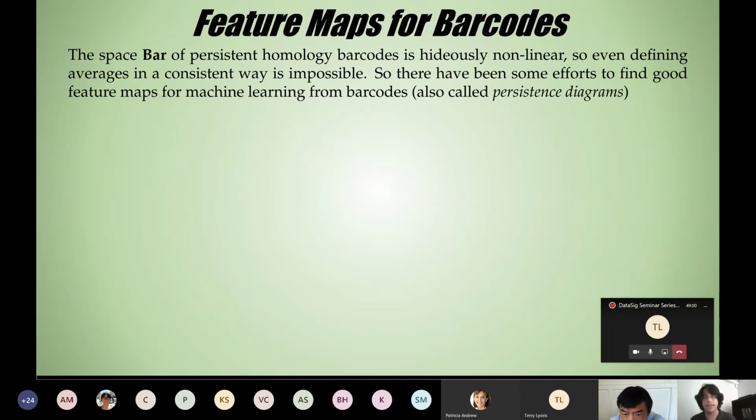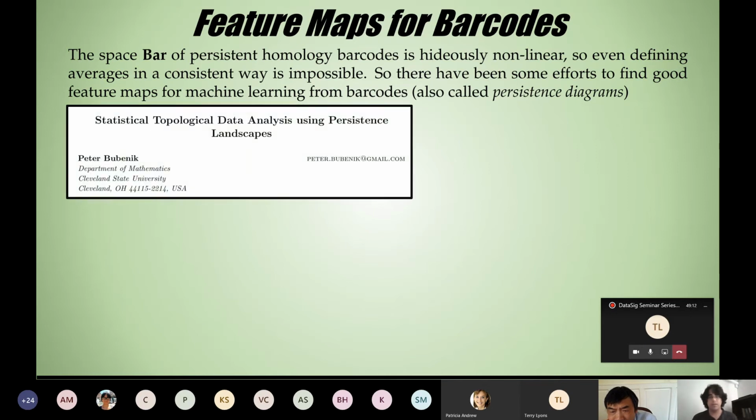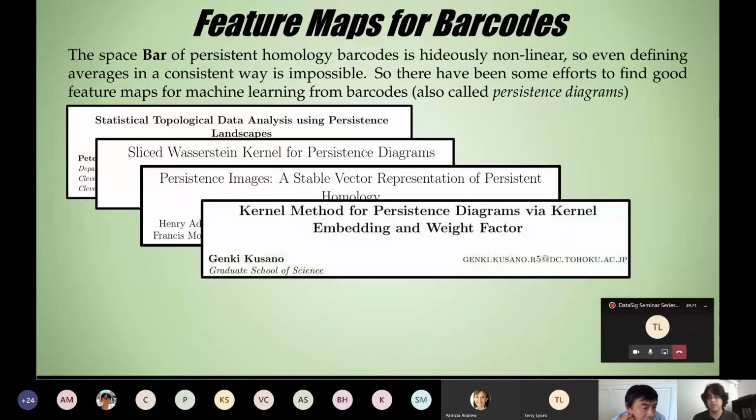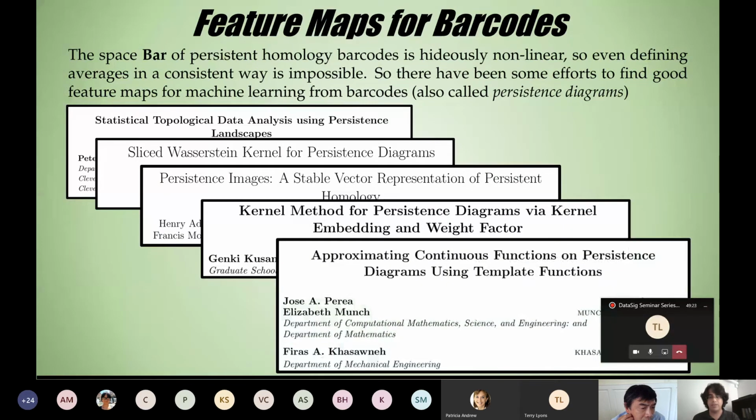In fact, you can try it. It will be terrible no matter what your application is. So there has been an enormous amount of attention paid to getting vectorizations or feature maps for barcodes. You might think I'm joking, but it started with that paper on something called persistence landscapes. And then it kept going. And if you look at this last list of authors, you will see there's someone from a Department of Mechanical Engineering.